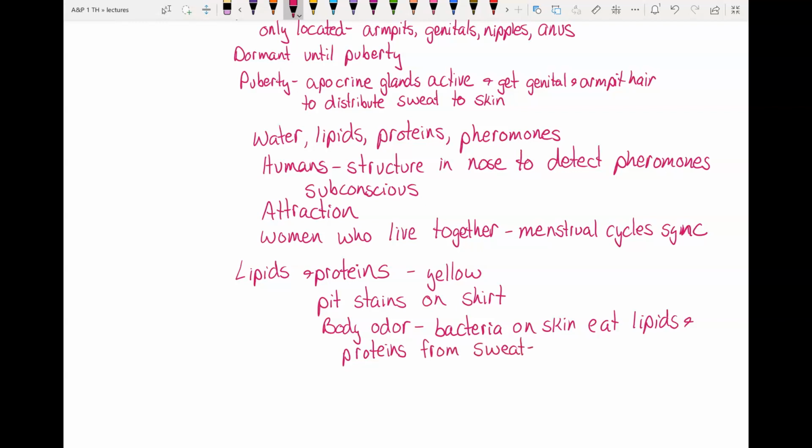And whenever bacteria eat, they produce waste, right? Anything that eats has to produce waste. If you eat food, you poop. So then the waste from the bacteria is what smells bad. That's where body odor comes from. That's why you wear deodorant, to prevent this.